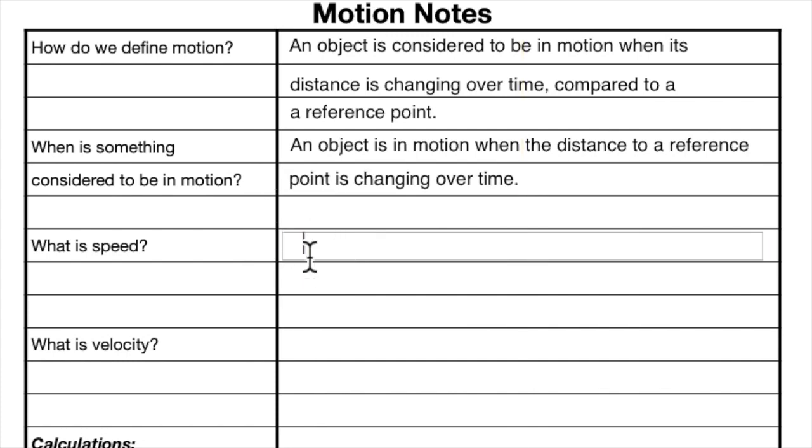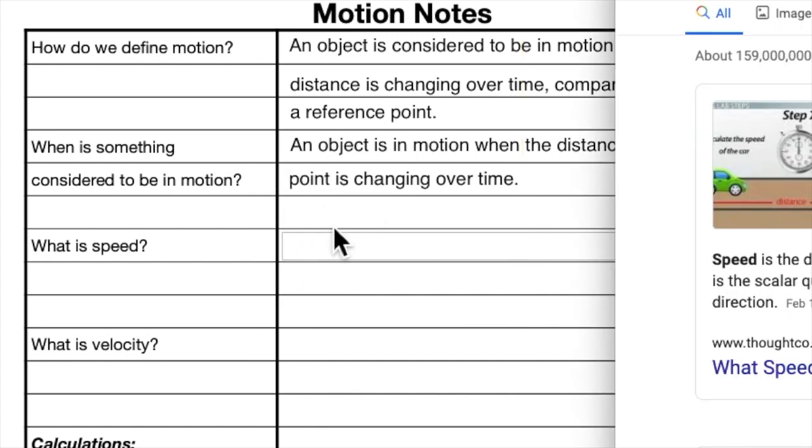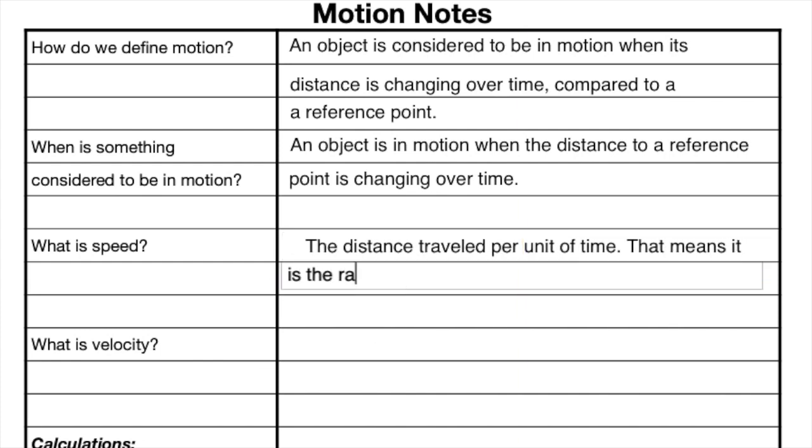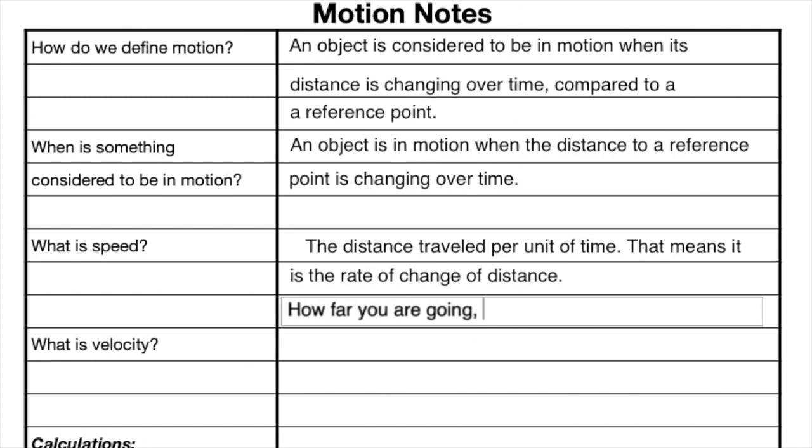Well, speed is the distance traveled per unit of time. That means it is the rate of change of distance. Okay, so the distance traveled by that object per unit of time, it means it's the rate of change of distance. So it's how far you are going in a certain amount of time.